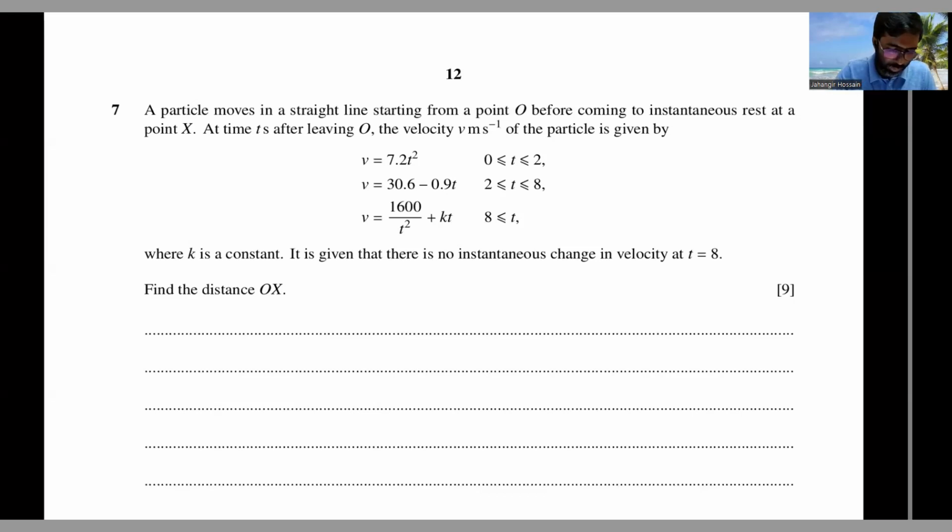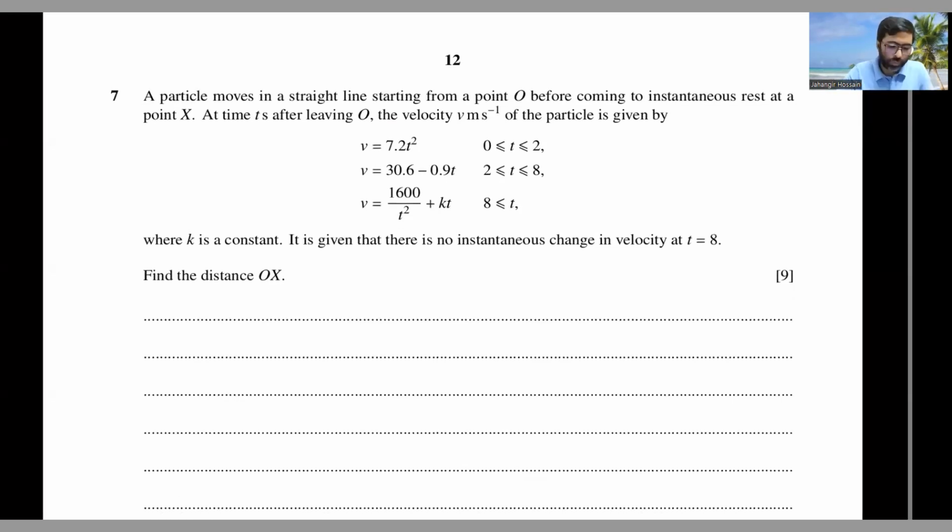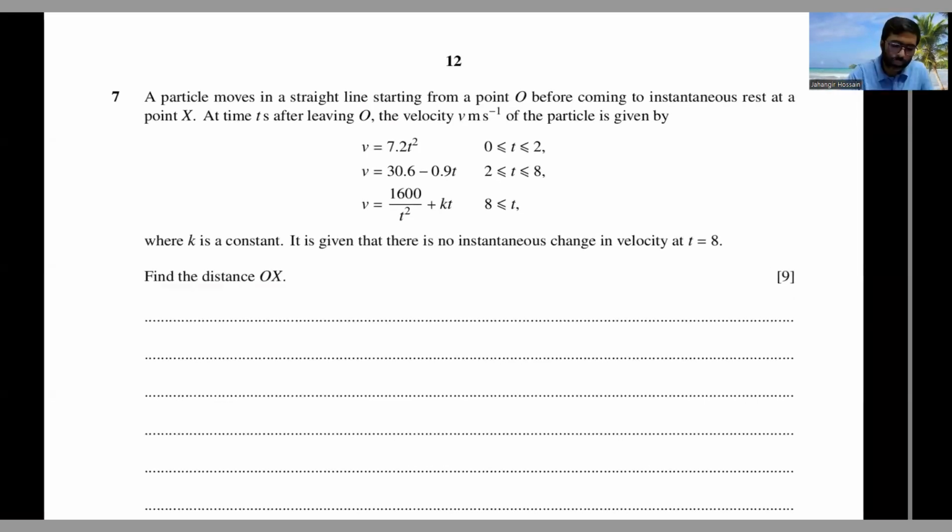Find the distance OX. Okay, since there is no instantaneous change in velocity at t equal to 8, you can find the velocity at t equal to 8 using this equation and this equation as well. So from these two equations, we'll get two values of v, and both of them are equal.